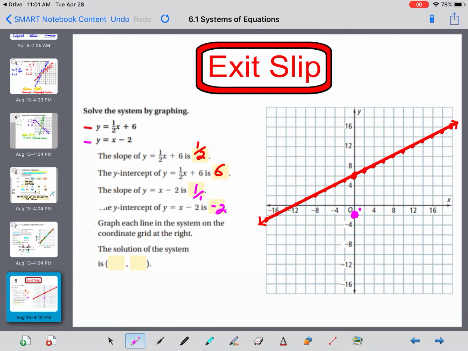Here we go. This is going to be a little tricky. Middle of a box, corner of a box, middle of a box, corner of a box. And follow that pattern all the way through. And we can already see where they intersected.